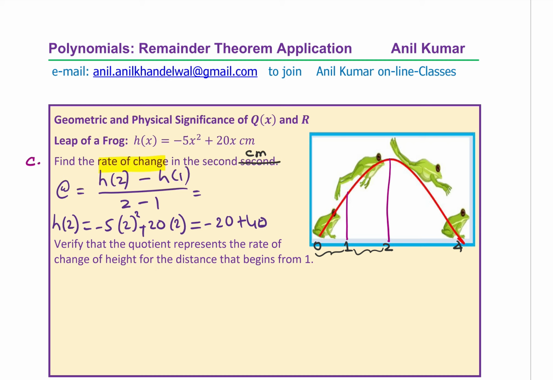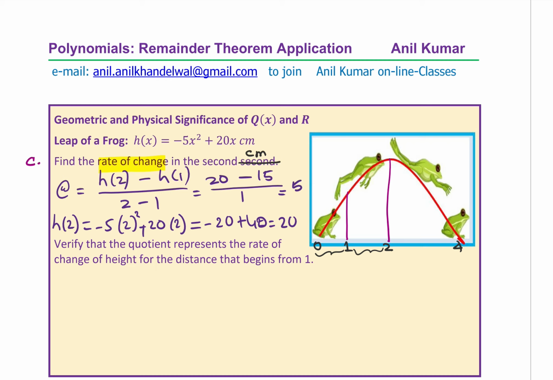So it is equal to 20, correct? So we write this value of h of 2 here as 20, not 40. And h of 1, we found earlier, was 15, and 2 minus 1 is 1. So 20 minus 15 gives us a rate of change of 5.